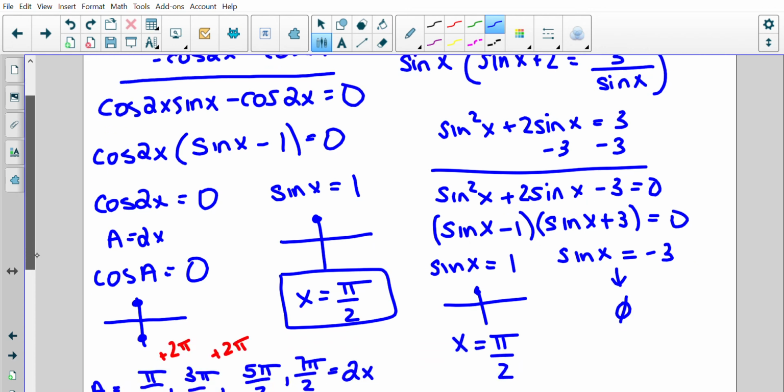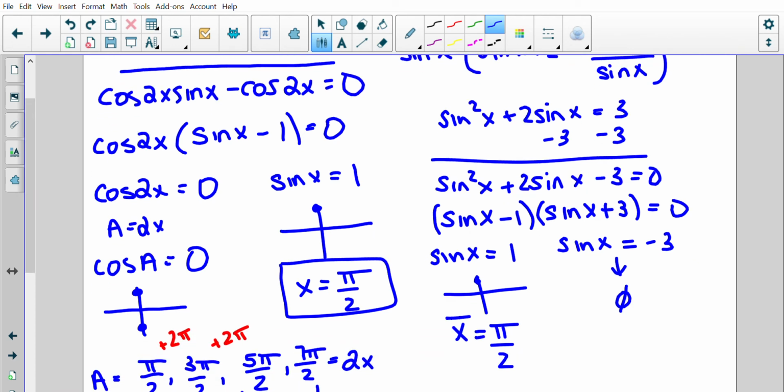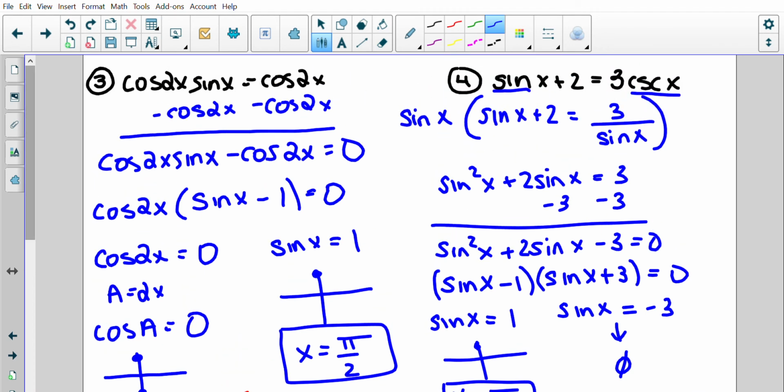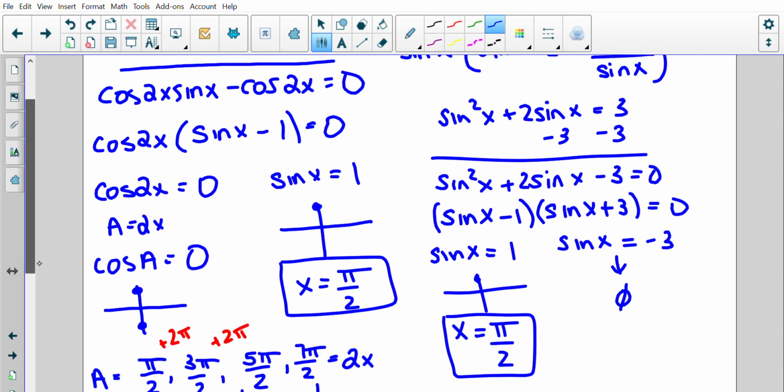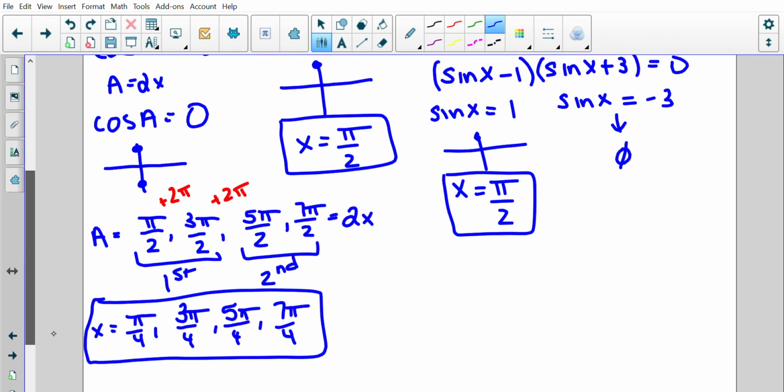So again, double check whenever you have denominators in your original, which is basically anytime you have a trig function other than sine or cosine in the original, you have to check your answers to make sure none of the denominators of those trig functions are becoming 0 and actually wouldn't work to begin with. So that's just an added note that I want to make sure you guys understand.